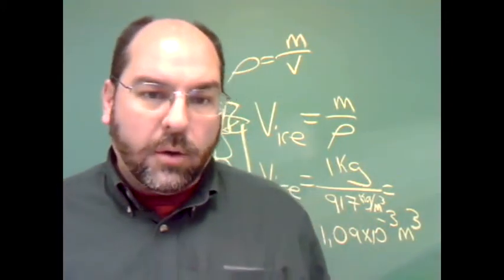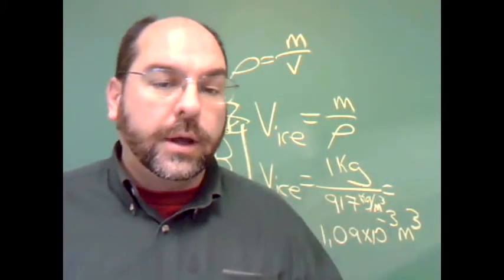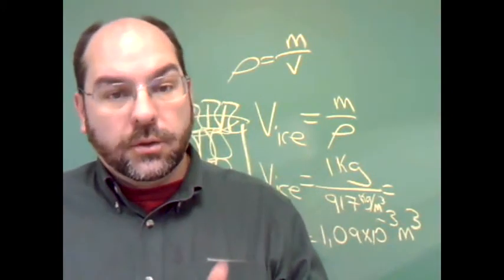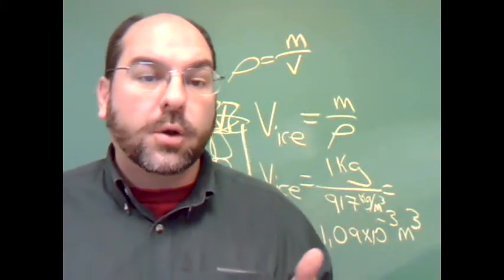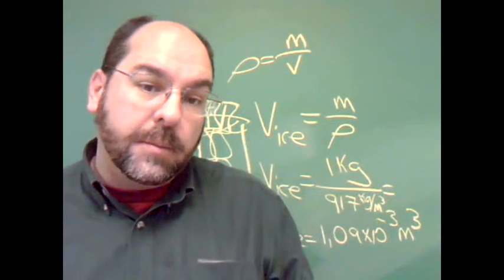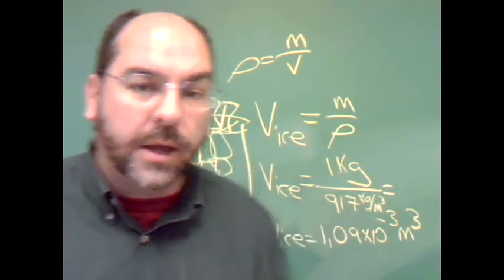Now, why we care about that is that according to our understanding of buoyant force, the ice floats in the water when it displaces its own weight in water. And the weight of the ice corresponds to the mass of the ice.